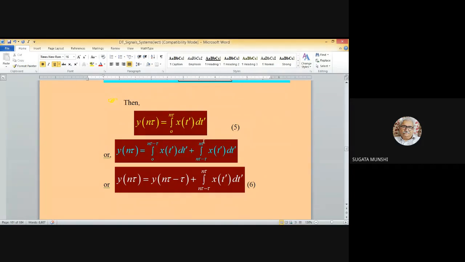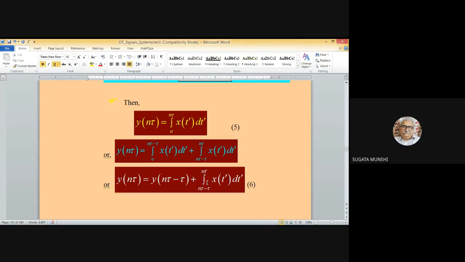And the second one will be the integral of the function x(t') from n tau minus tau to n tau. Because y(n tau) is represented by that integral, what will this first integral represent? y(n tau minus tau), because the integration extends from 0 to n tau minus tau instead of n tau. So if this is n tau, that one will be y(n tau minus tau), meaning the already computed output value at the immediate past sampling instant.